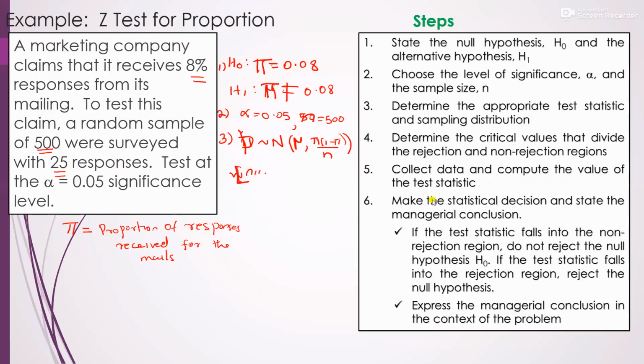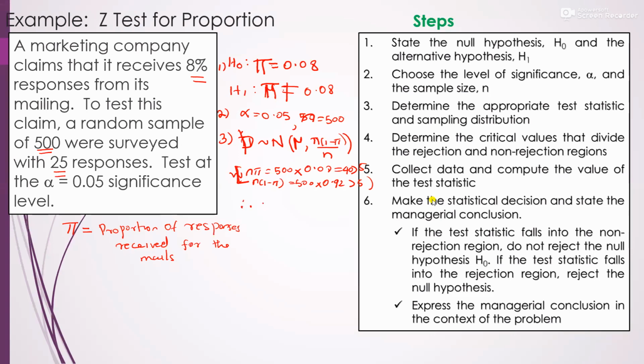N pi, that is 500 into 0.08, that is 40. And n into 1 minus pi, that is 500 into 0.92, that is also greater than 5. Both are greater than 5. Therefore, because of this condition, we can say that it has a normal distribution.